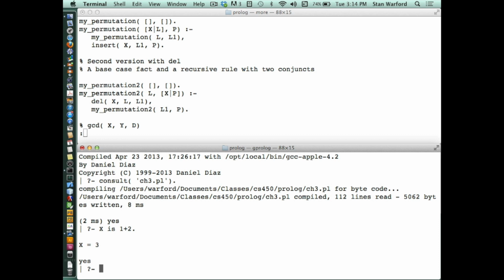So now how about this? Capital X is 5/2, comma, capital Y is 5//2, comma, capital Z is 5 mod 2. So what do you suppose is going to happen here?